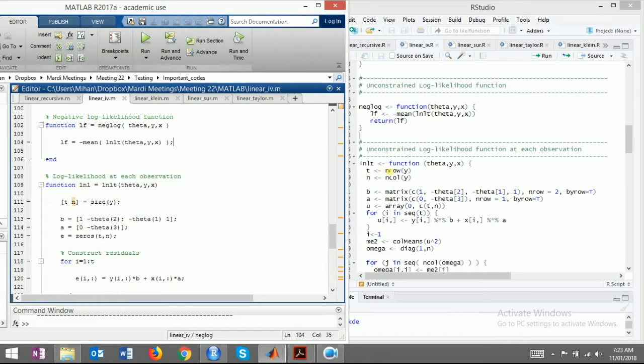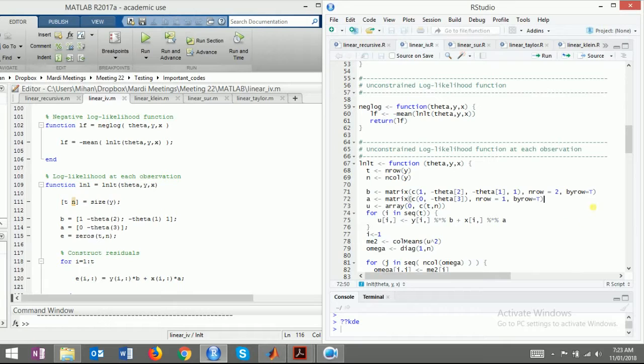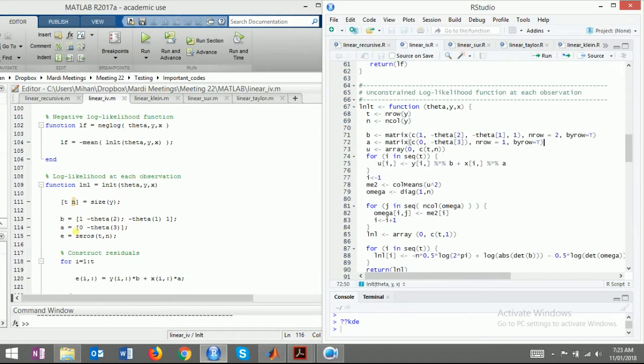and n is n col, number of columns. b is 1 minus theta 1 2 minus theta 1 1, with a matrix c, a matrix, then combine 1 minus theta 2 minus theta 1 1. The number of rows is 2 by row t. A is 0 minus theta 3, fine. Matrix A is a matrix combining 0 minus theta 3 in row 1, b in row 2.